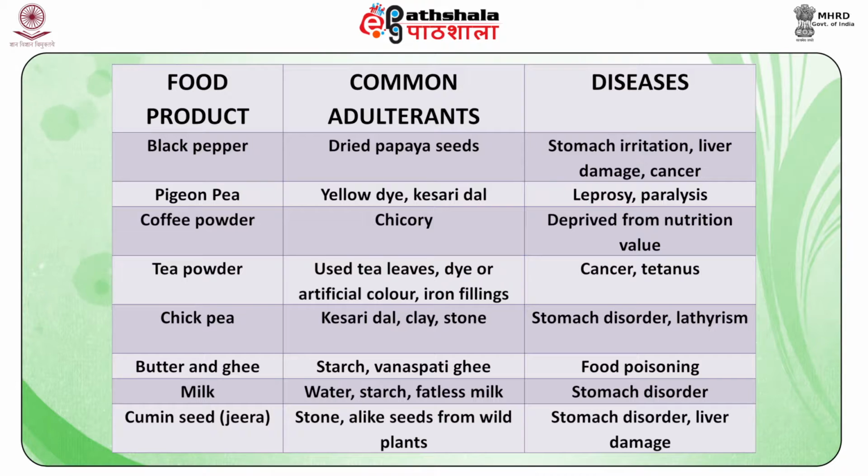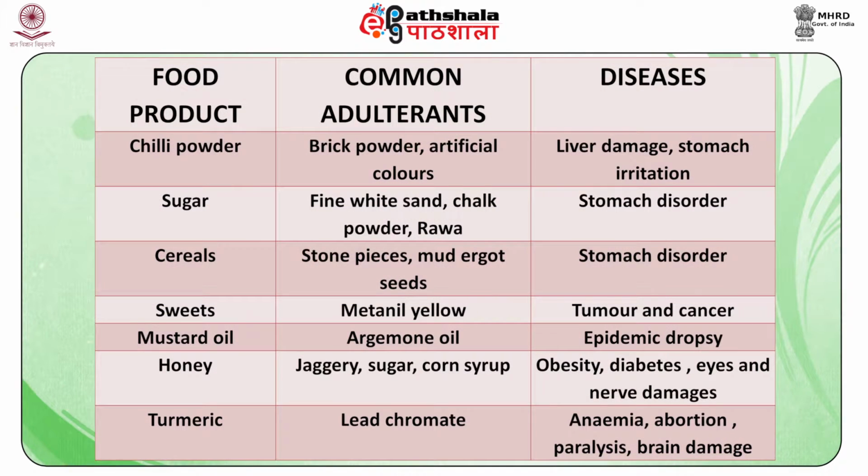For cumin seed, the stone-like seeds from wild plants are the adulterants, and the diseases are stomach disorder, liver damage. For chili powder, the adulterants are brick powder, artificial colors, and the diseases caused by them are liver damage, stomach irritation.